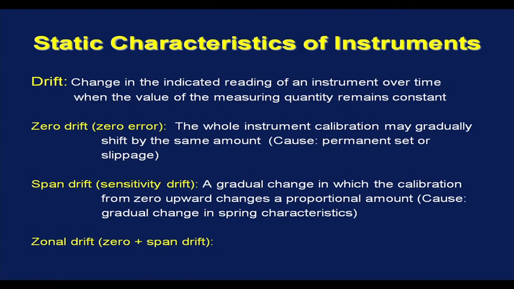Next, let us define a static characteristic called drift. Drift is defined as the change in the indicated reading of an instrument over time when the value of the measuring quantity remains constant.